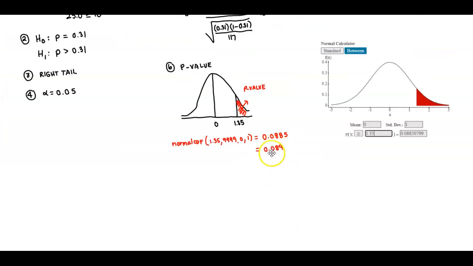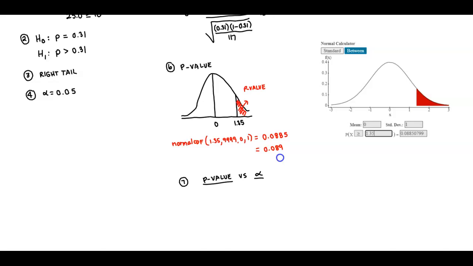Okay, so now that we have the p-value, what we need to do is check. So our next step, number 7, is to compare the p-value versus the significance level. If the p-value is greater than the significance level, then we fail to reject the null hypothesis.